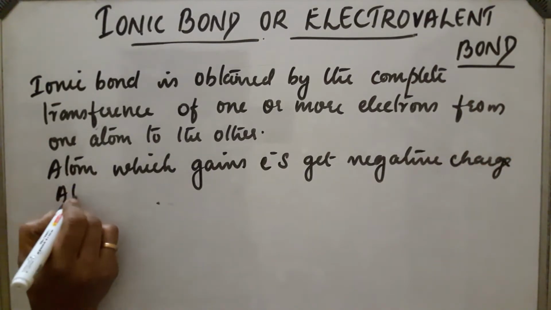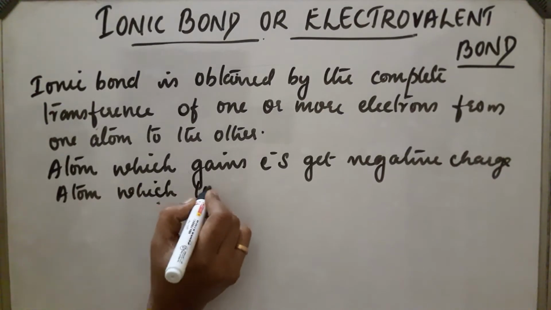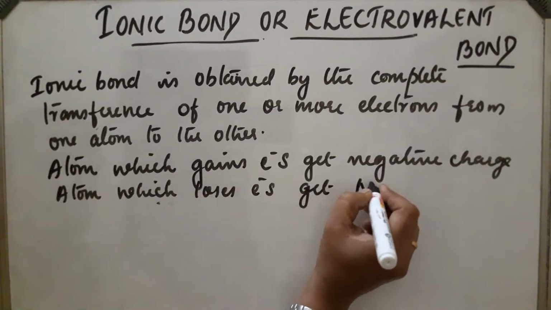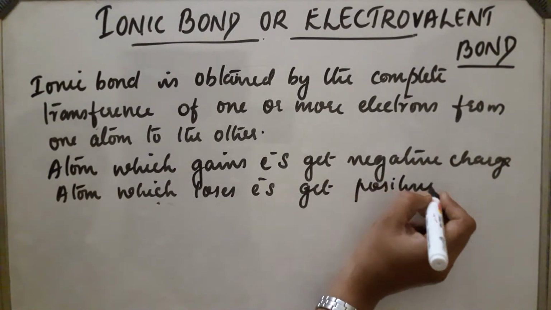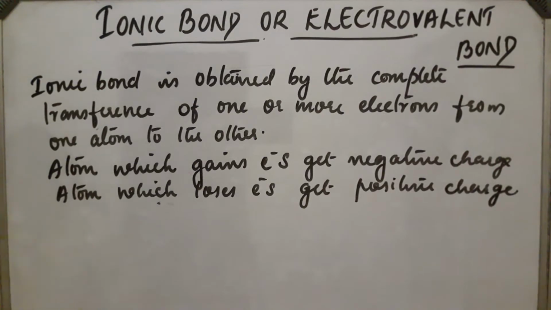And the atom which loses electrons gets a positive charge. Okay, so these two oppositely charged ions, that is, one atom gains electrons and gets a negative charge, so negative ion and positive ion, they are oppositely charged.